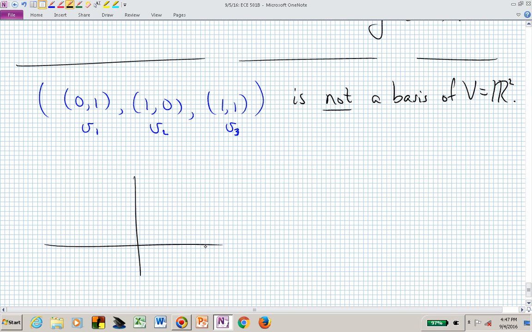If we looked at this picture of what we now have, here's our XY. This is now our underlying vector space V. We have our now three different vectors in our list. We have V1, which is 0, 1. We have V2, which is 1, 0. And we also have V sub 3, which is 1, 1.